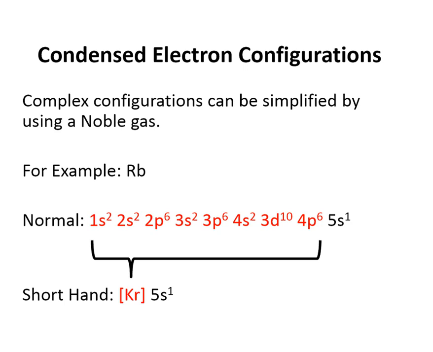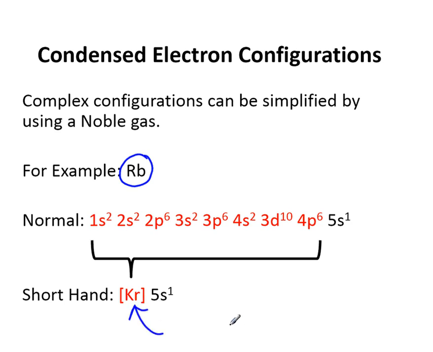So if we have something like rubidium, the normal expanded electron configuration looks like it is here. But if we put it in shorthand form, it is shown with krypton and then 5s1. So how does that work? If you go to your periodic table, find where rubidium is, and go backwards until you find the previous noble gas that comes before it.